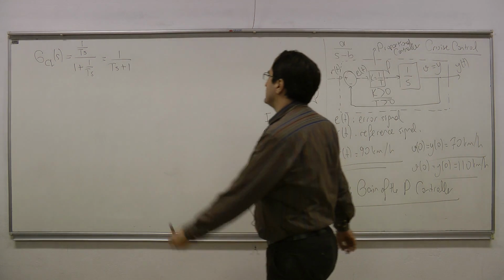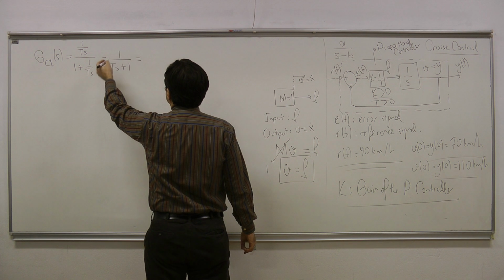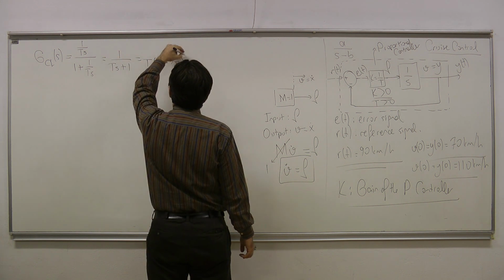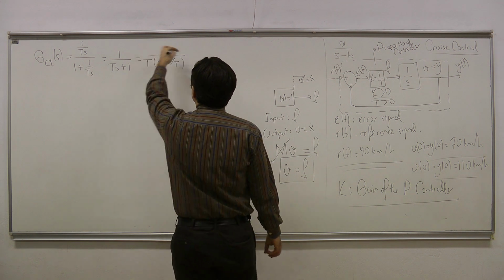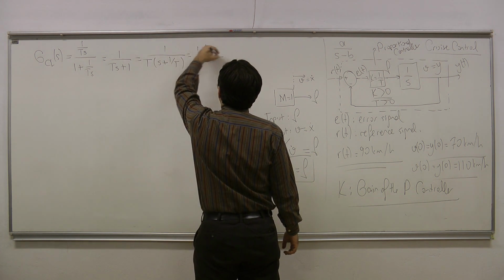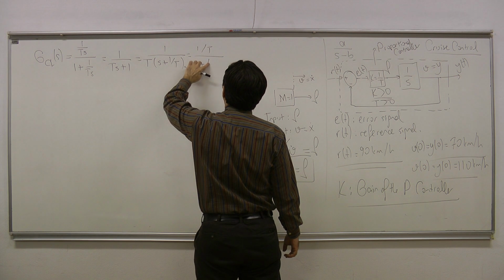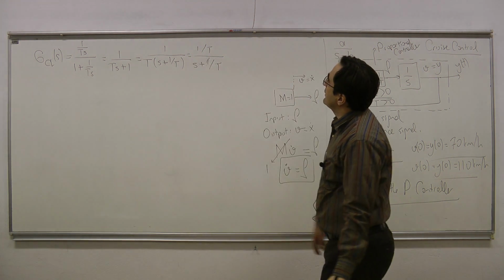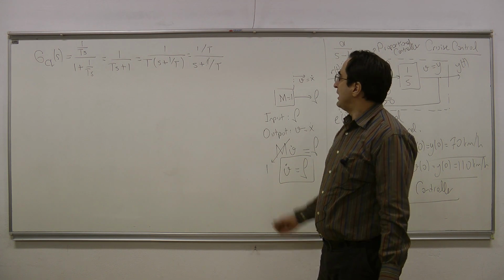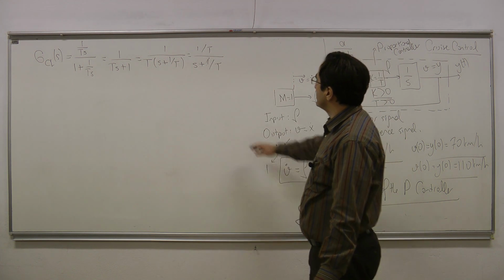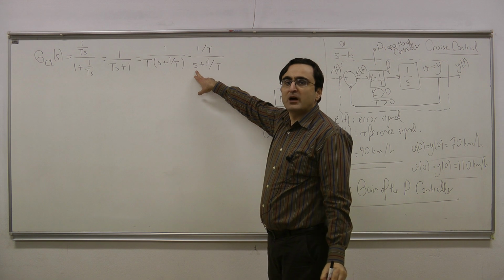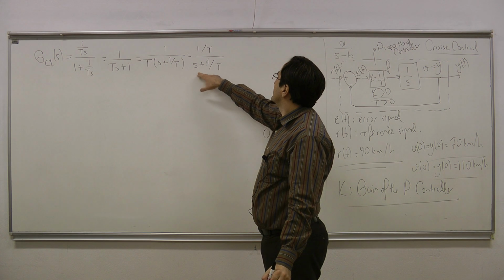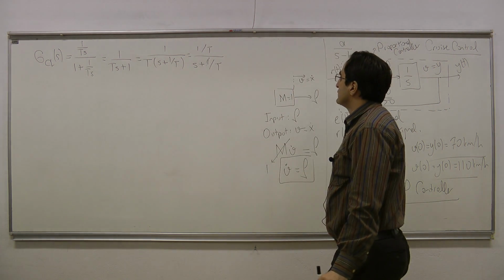And here I will just do something like this. I will take T out in the denominator, which is going to give me this. Okay? But this is equal to 1 over T divided by S plus 1 over T. So this is my transfer function. And you see that it's a first order transfer function because the largest power of S in the denominator is 1, and we are going to have a single pole resulting from this.